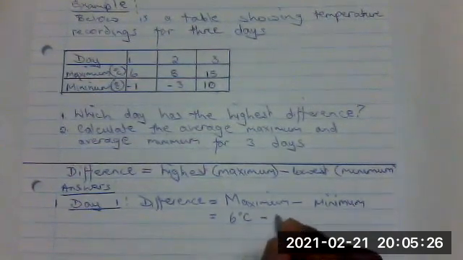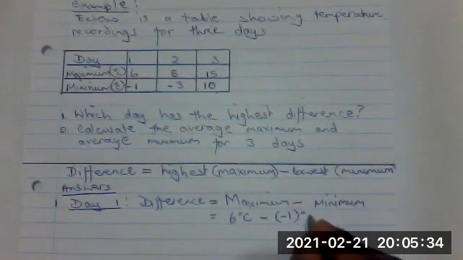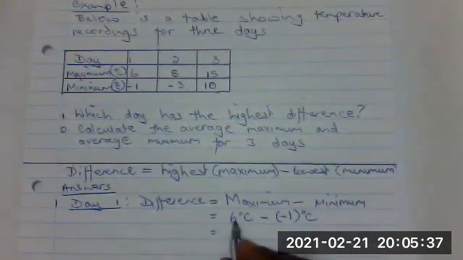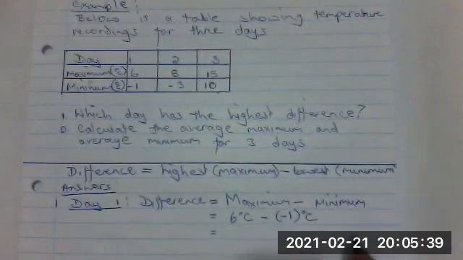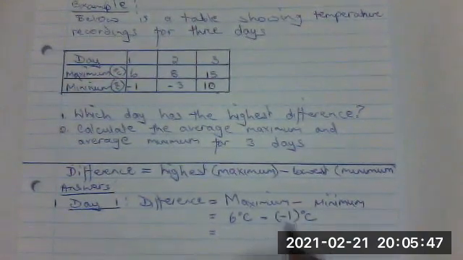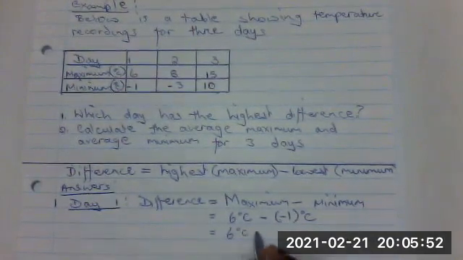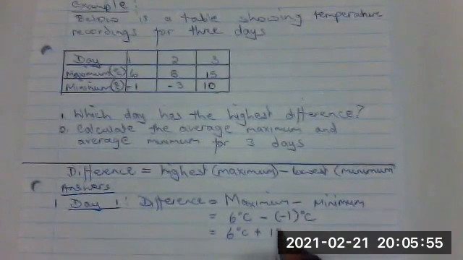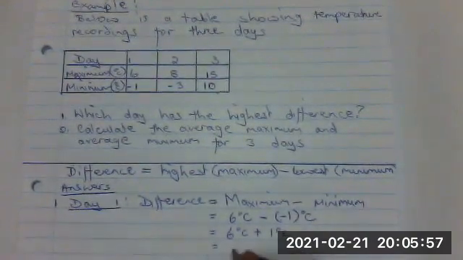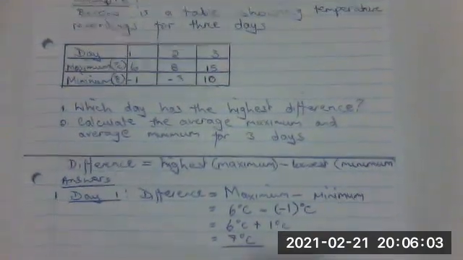Then I subtract the smallest, which is the minimum, which is minus 1 degree Celsius. So 6 degrees Celsius minus, remember the multiplication of negative and positive, negative multiplied by negative gives us what? Positive, which means 6 degrees Celsius plus 1 degree Celsius, so the difference is 7 degrees Celsius.